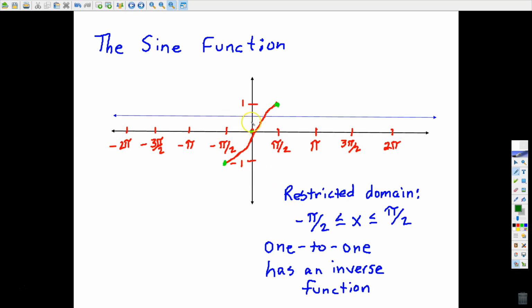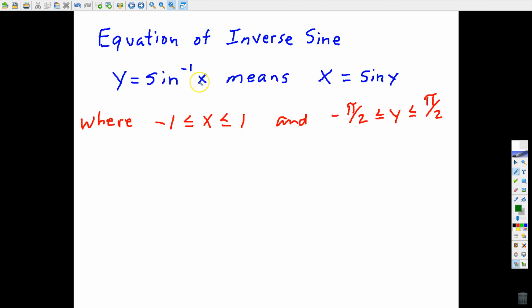The range of a function, range means the y, and here we're looking at sine. The range of the sine function is between the numbers -1 and +1. Well, that becomes the domain for inverse sine. Remember that? We mentioned that earlier. The range of a function becomes the domain of its inverse, and that's also true for the range.